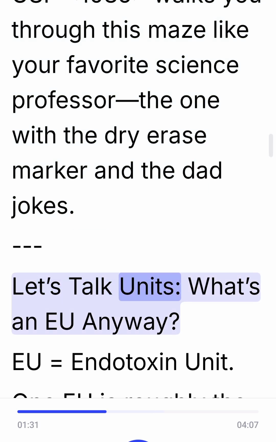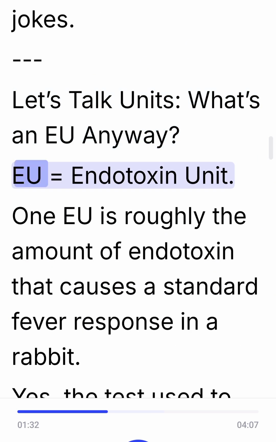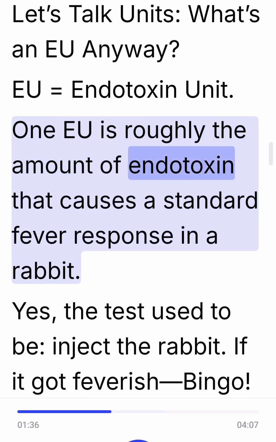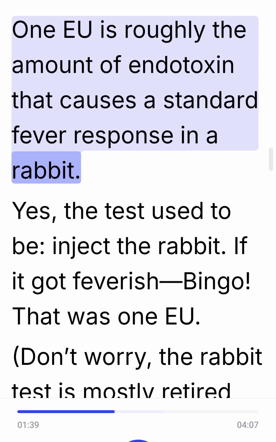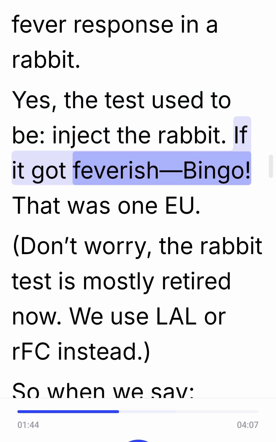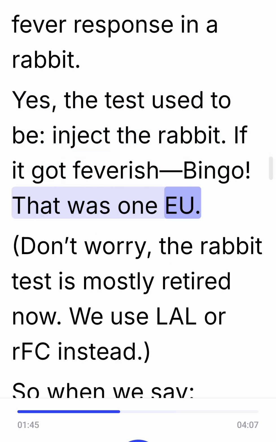Let's talk units. What's an EU anyway? EU equals endotoxin unit. 1 EU is roughly the amount of endotoxin that causes a standard fever response in a rabbit. Yes, the test used to be, inject the rabbit. If it got feverish, bingo, that was 1 EU.